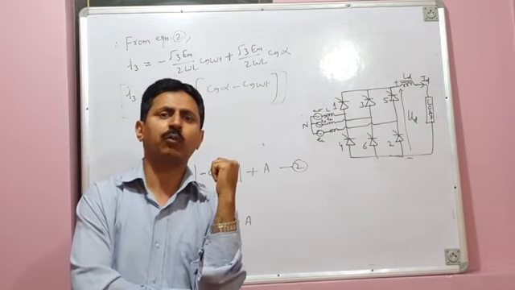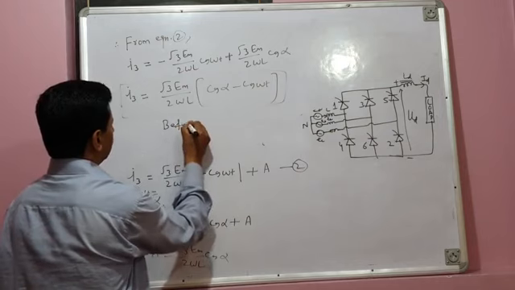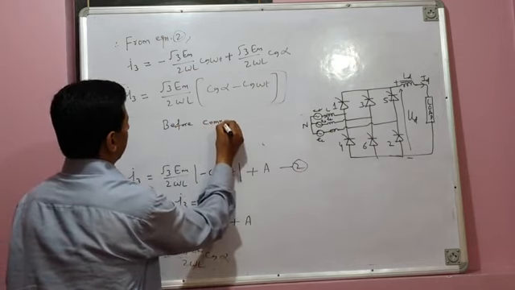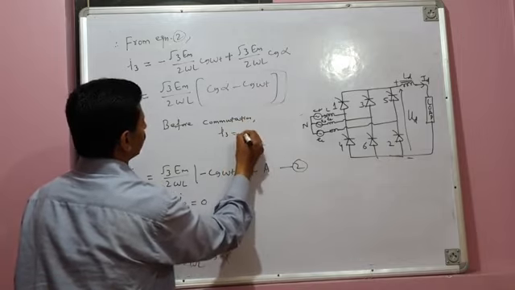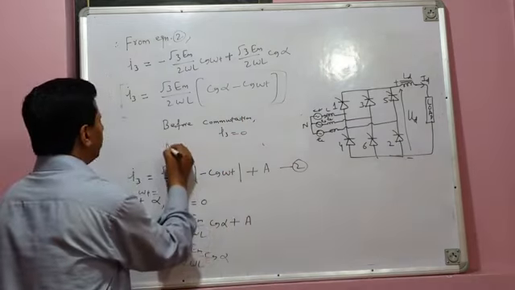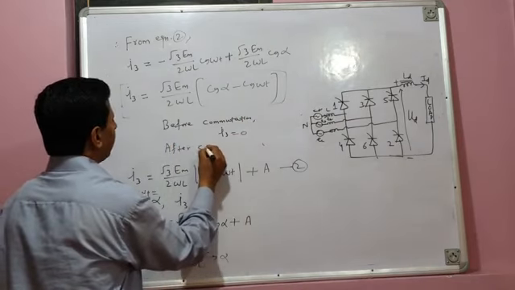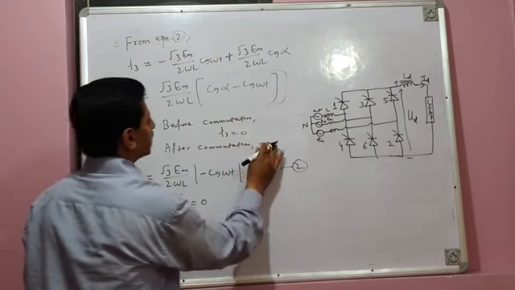Before commutation overlap, what is this I3? I will write here. Before commutation, I mean when commutation has not started, I3 is equal to 0. Valve 3 is yet to be fired. It has not been fired. And after commutation, I mean when commutation between 1 and 3 is over, 1 is out, 3 is completely in.